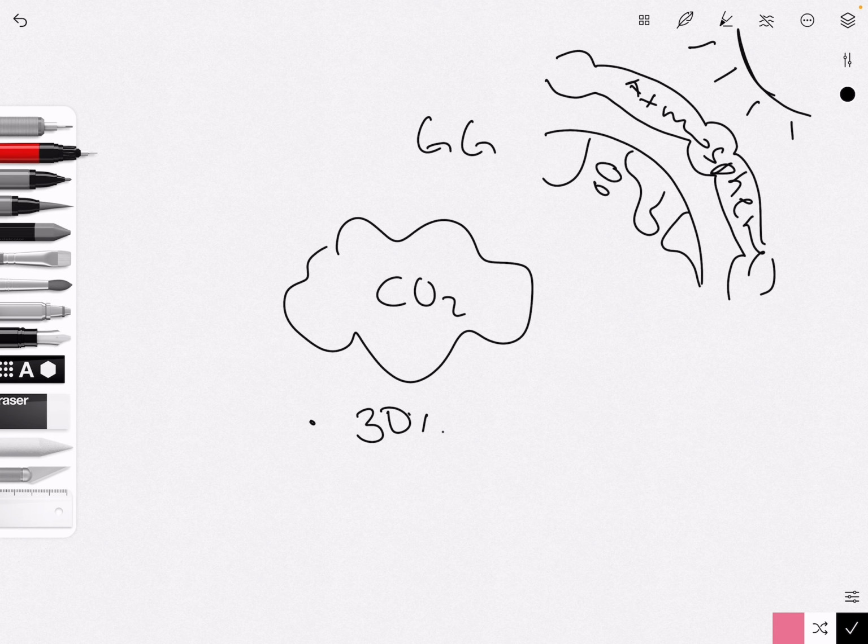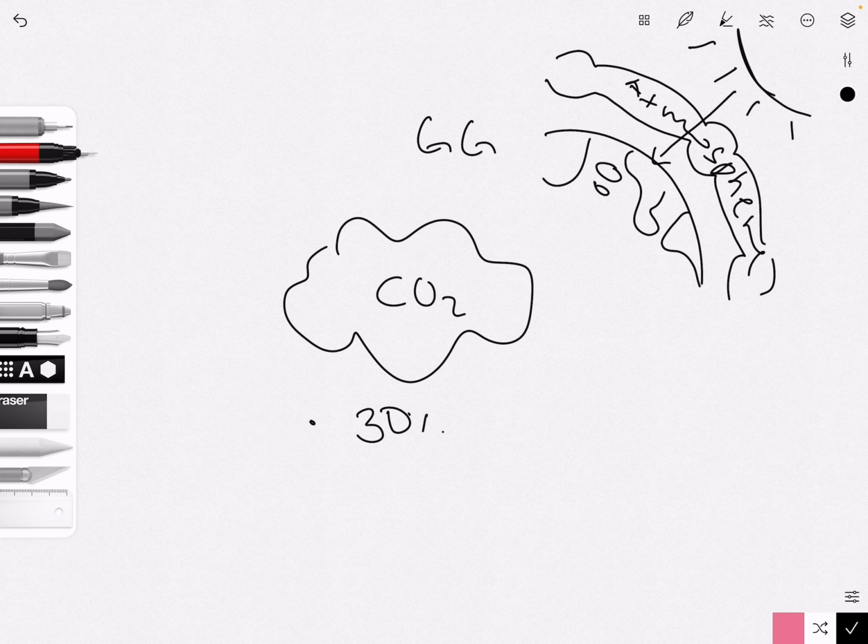There you go. So high energy radiation from the sun will pass through the atmosphere down to the earth. As we know, this will then reflect back up into the atmosphere. And supposedly, the atmosphere's job is actually to absorb some of this radiation to keep the world warm enough so that we can actually exist and life can actually be sustained on this planet.